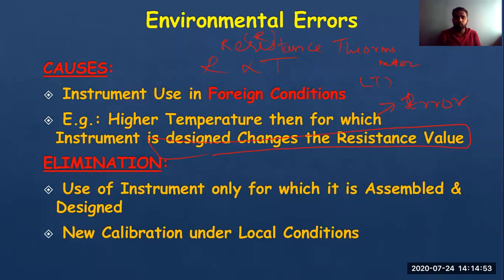Another thing: suppose this is the system for which it was designed, and this is my foreign system, which is the actual local condition where I'm going to use this instrument. So I will change the local calibration. If I can change the calibration with respect to this new local system, I will not find any kind of error.